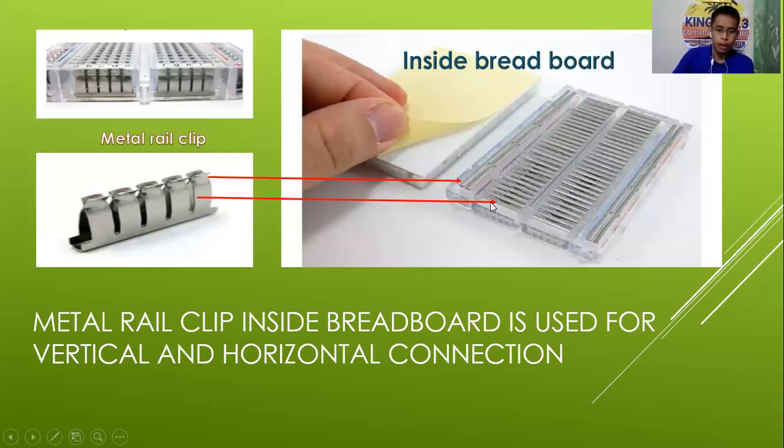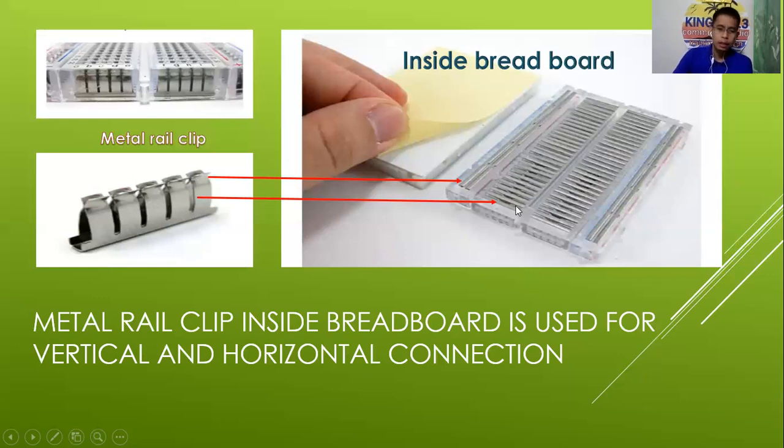Okay, so again, the two horizontal rails, only two you will see there on one side and here on the other side. Those are for the positive and negative, meaning those are intended for the supply.